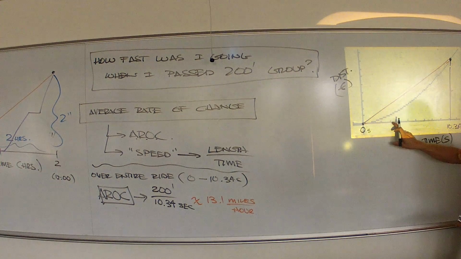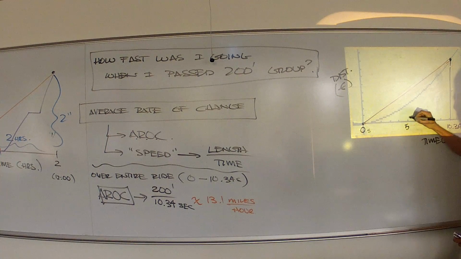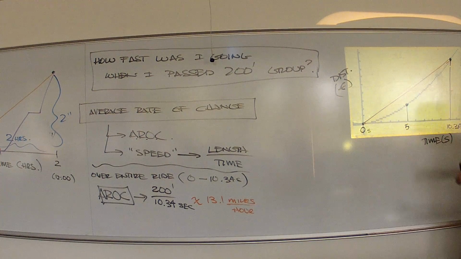So 1, 2, 3, 4, 5. There's 5 seconds. So now, if I pick this point and this point, that will be an indication of my speed, which satisfies Tiffany's tilting up the line, right? That is now steeper, which means it will now be faster. The question, of course, is how much faster is it? So let's figure that out, and we're going to use some TIs to help us out with this.